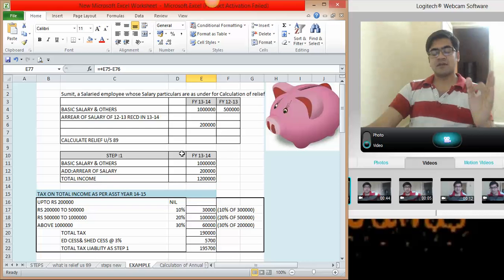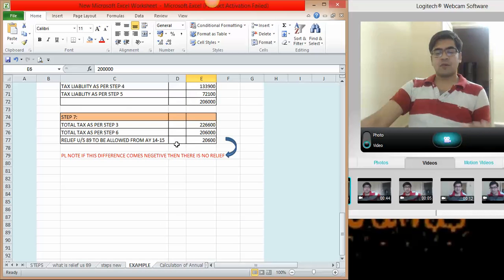So in steps 1 and 2 we have calculated tax on receipt basis, because this 2 lakh rupees we got in the current financial year 13-14, so we have included this in the current financial year 13-14. But as far as steps 4 and 5 are concerned, we have recalculated this tax by assuming this income on accrual basis. And whatever difference has arisen between these two methods, that is the relief.